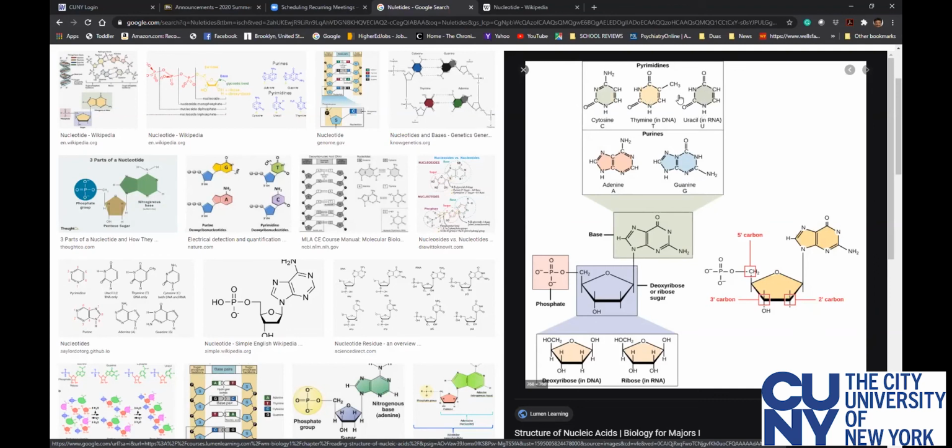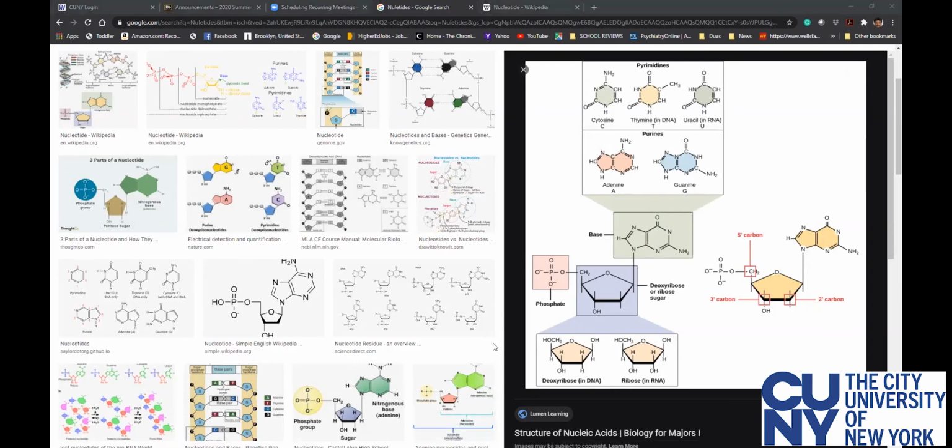So these are single ring structures, smaller. And purines, look at the size of adenine and guanine. These are double ring structures and they are heavier, bigger than the pyrimidines. So if a question comes, which one is the bigger molecule, purines or pyrimidines? The answer is purines because they have double ring structure. And this is single ring structure.